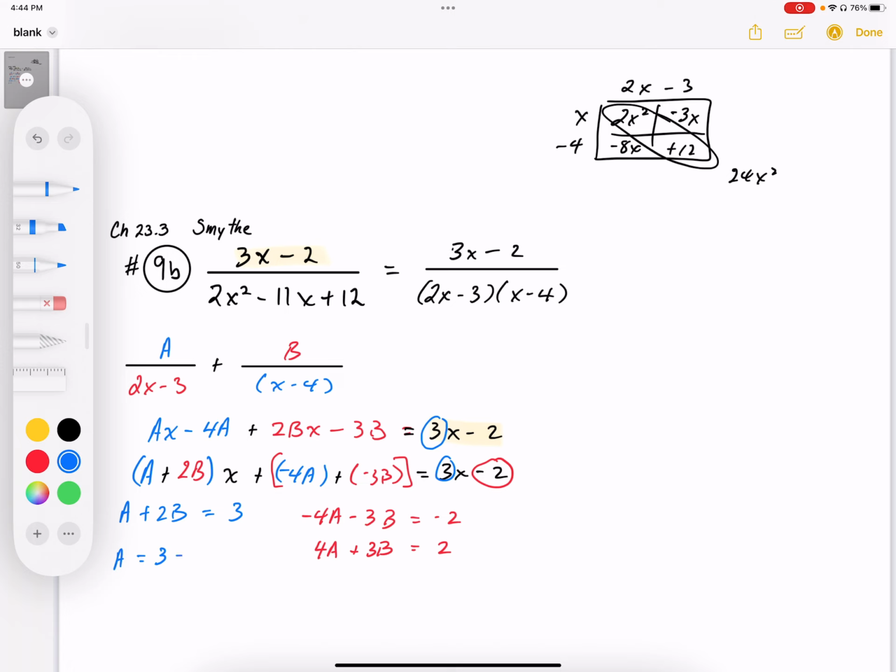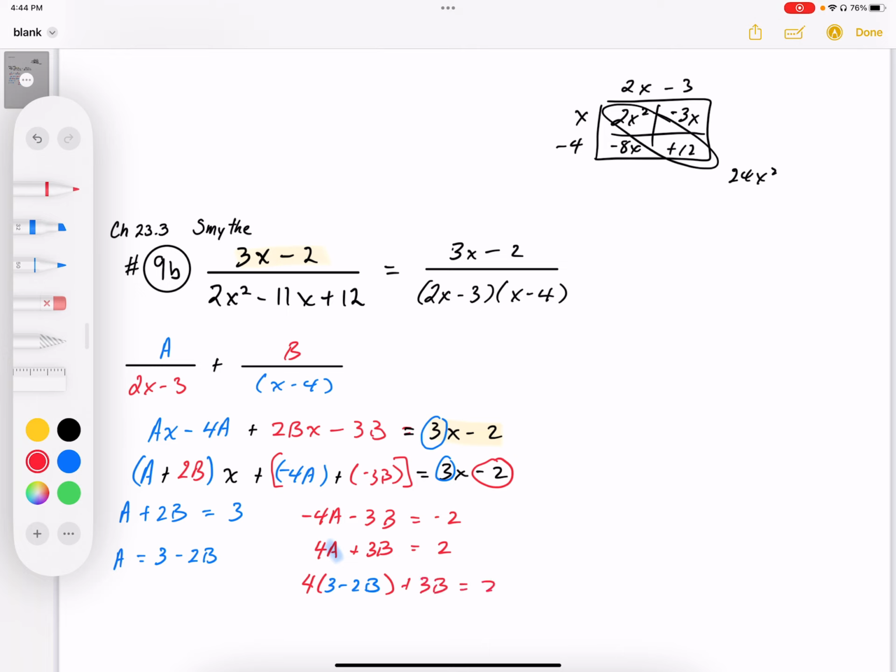So we get A equals 3 minus 2B, and then I'm going to replace that in the other equation. So 4 times 3 minus 2B, that's replacing my A in this equation, plus 3B is equal to 2.